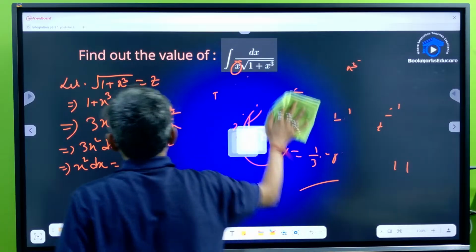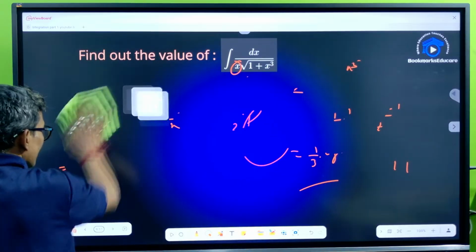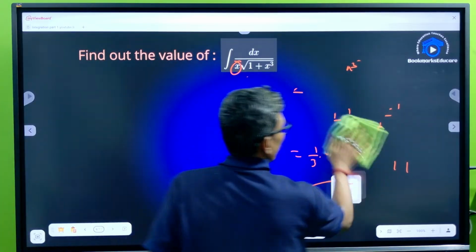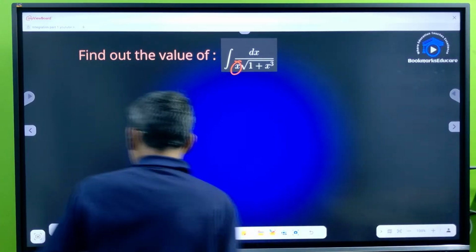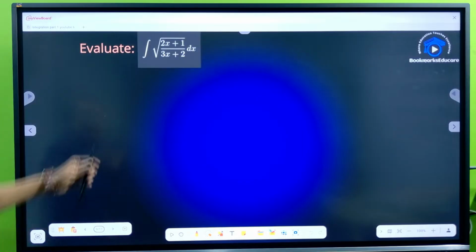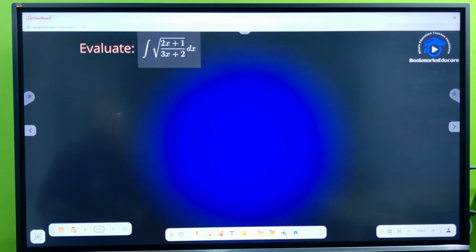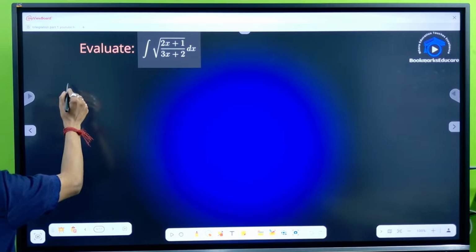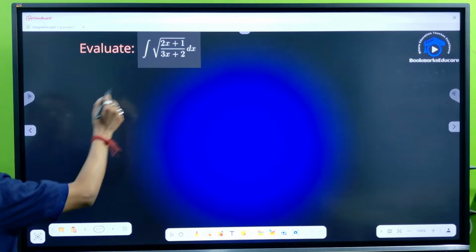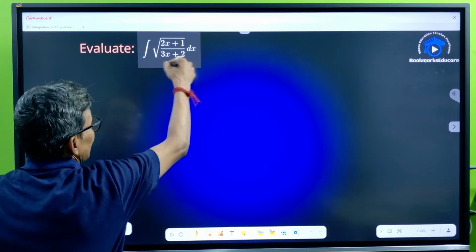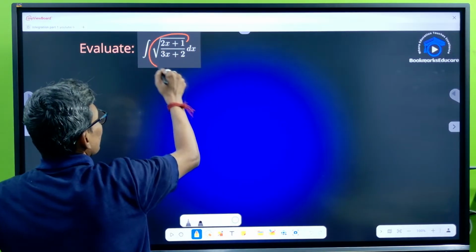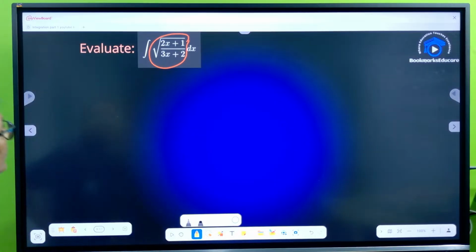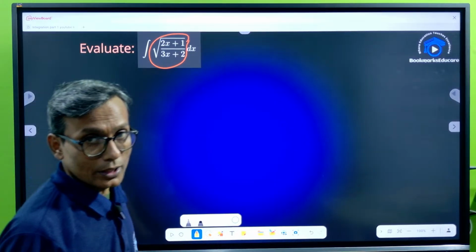Next sum that is waiting for us, what is that? Next sum is this. So first of all we have to simplify this integrand part. Okay, this is called the integrand.